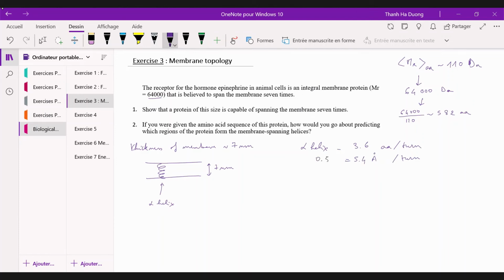It means that you have 0.54 nanometer. Okay. So for a thickness of 7 nanometer, how many turns do you have? Uh, 13 turns. Yes, 13 turns. So 13 turns correspond to how many amino acids?